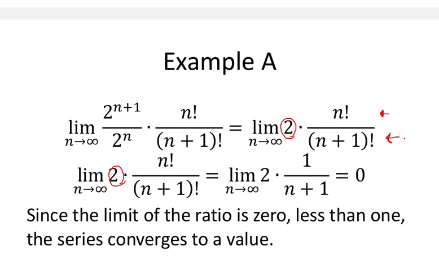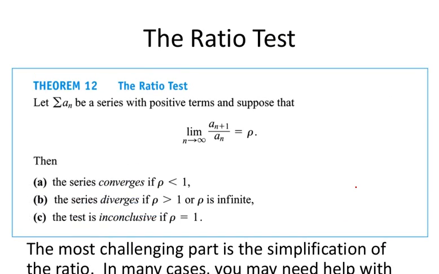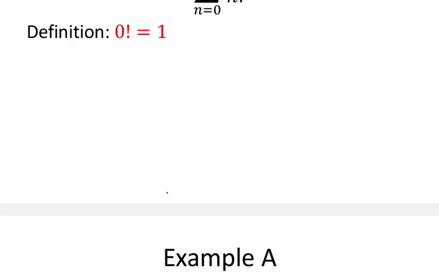So this ratio is going to end up being 0, because the denominator will grow much more rapidly than the numerator. When you have a large denominator, you end up having a limit that's equal to 0. And so looking back at our table, a limit of 0, the boundary condition is at rho equals 1. So this is 0, which means that this series would in fact converge. My guess was correct.